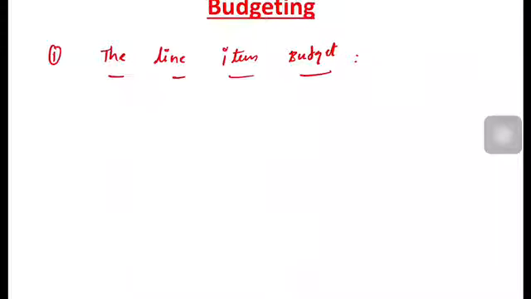So what exactly is this line item budget? In the 1800s, government budgeting was characterized by weak accounting procedures. In 1800 you had the British government in England, the US government in the United States, and the French government, as France was becoming a republic at that time, along with other countries like the Dutch and Portuguese.